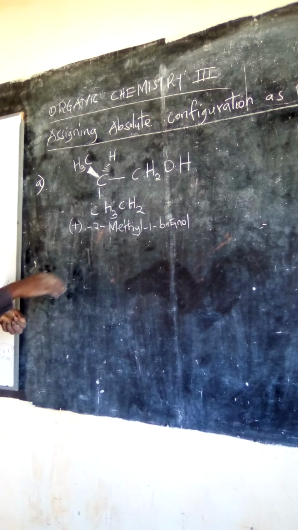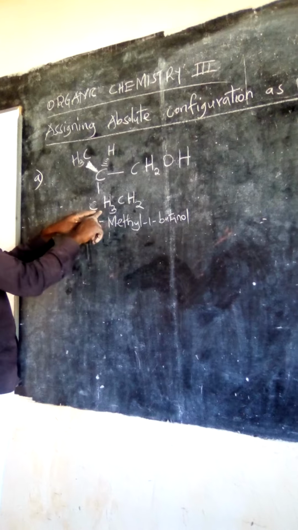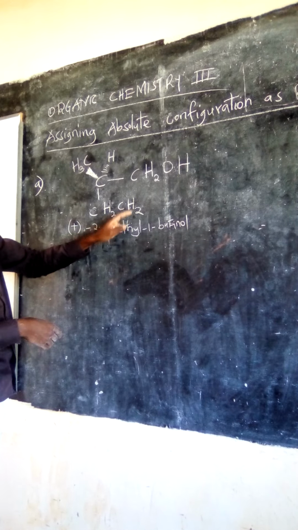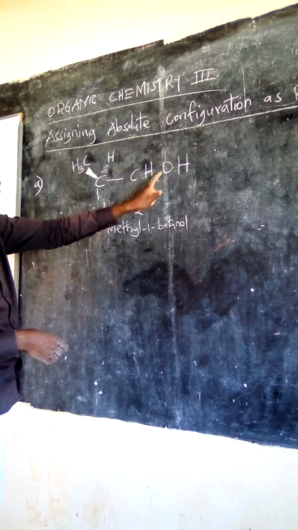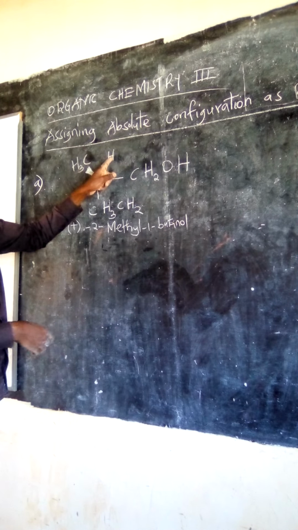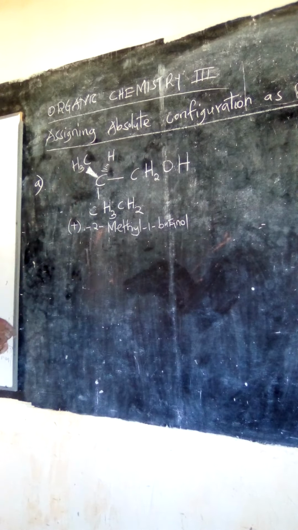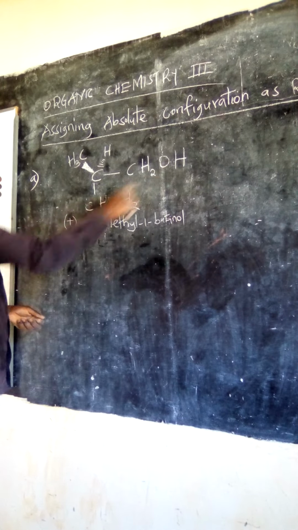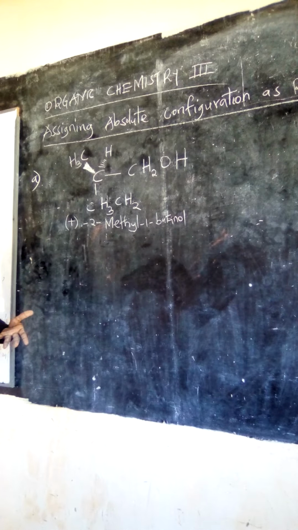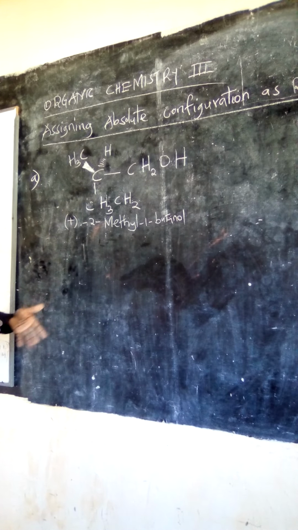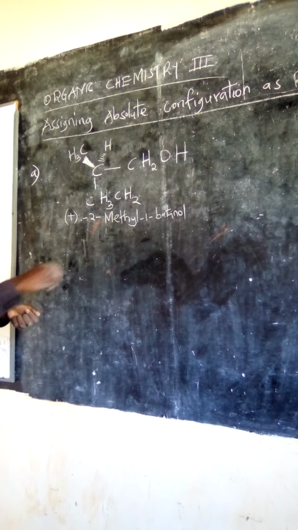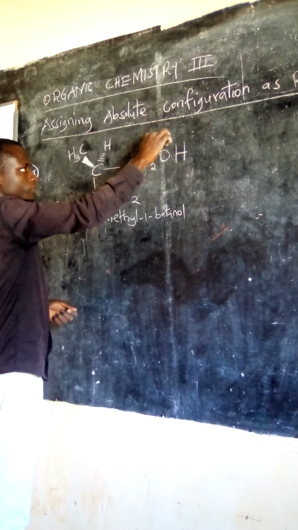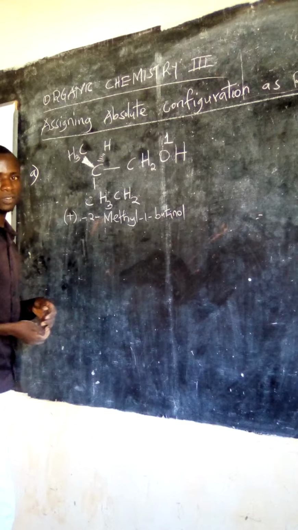Now let's see. When you consider the lower part here, it is CH3, CH2, then I have CH2OH, I have H, I have H3C. You realize that CH2OH has a higher atomic number than any other here, and therefore I'll assign it priority number 1. That is very important.